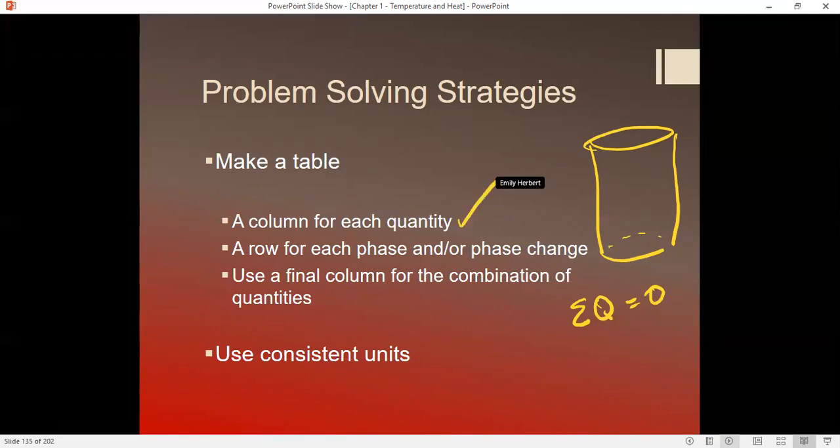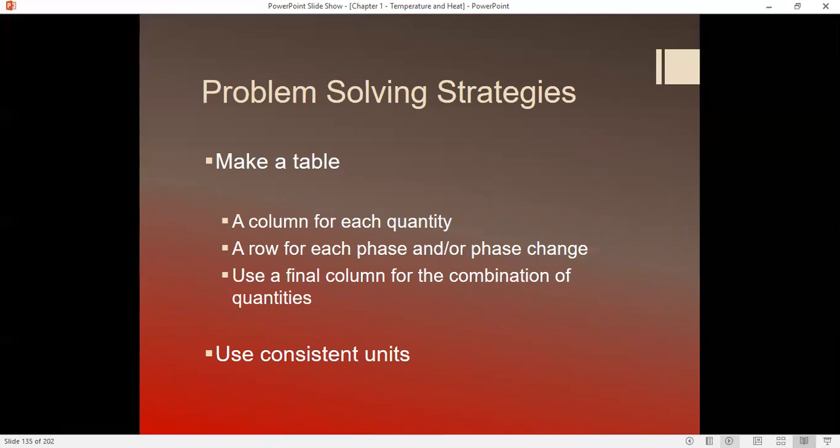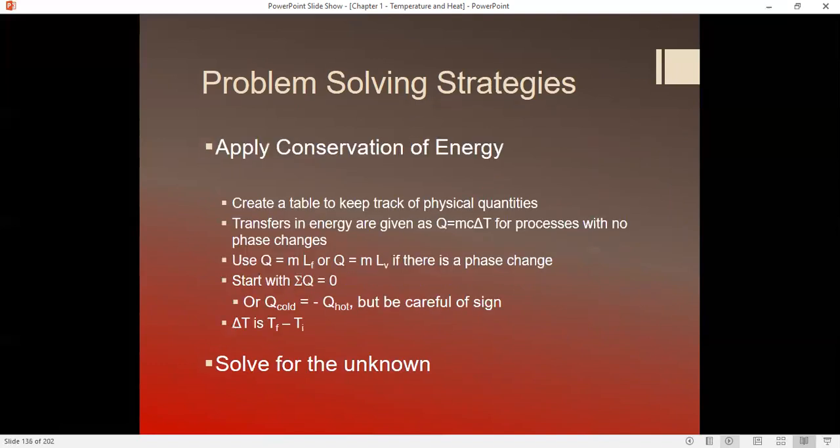Make a column for each quantity, just like you did for the calorimetry problem when we had specific heat. But allow for a row for each phase or phase change, okay? And also include another column that includes latent heat. All right, so what is this going to look like?